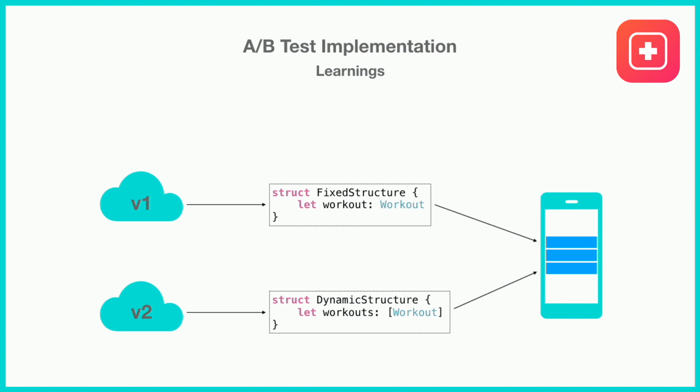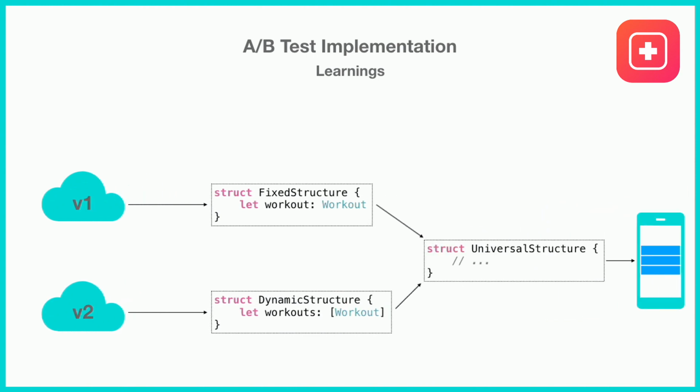And to make things right, we built an abstraction, some universal structure on top of the UI. The logic became complicated. We also spent some time implementing this universal data structure. And then the A/B test ran for 1 month, and we had to spend time again cleaning up this code because now we needed only the dynamic structure.